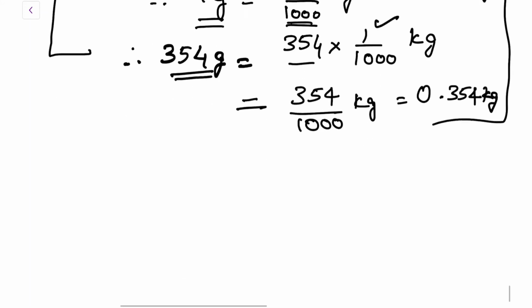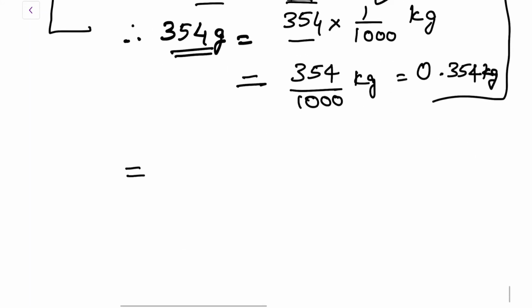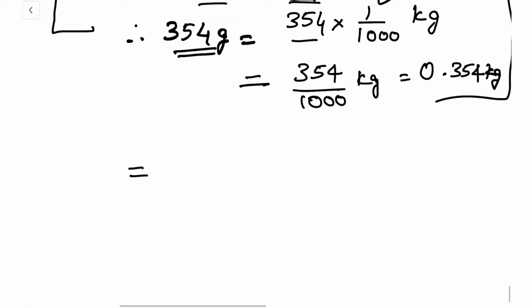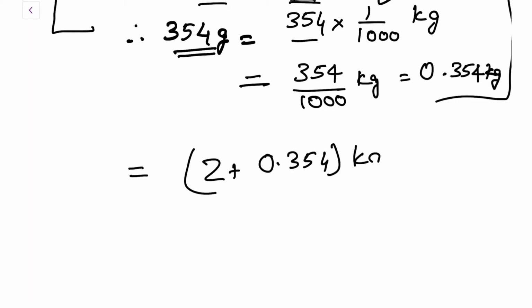From this step, now let's see. 2 plus 354 by 1000 is nothing but, as we've seen earlier, 0.354 kg. Now 2 plus 0.354 is 2.354 kgs.